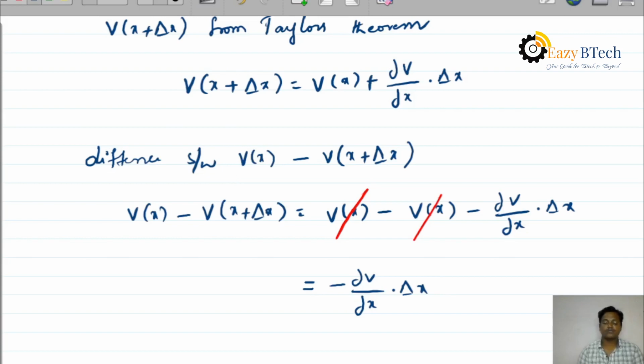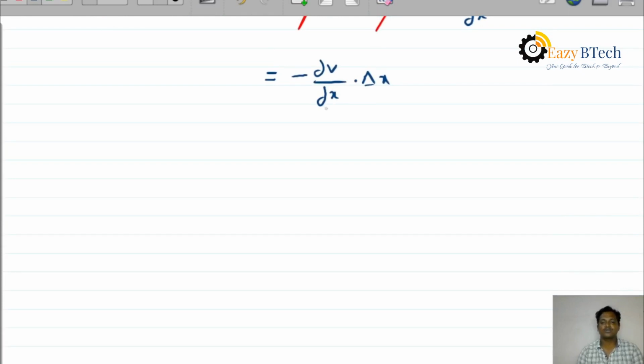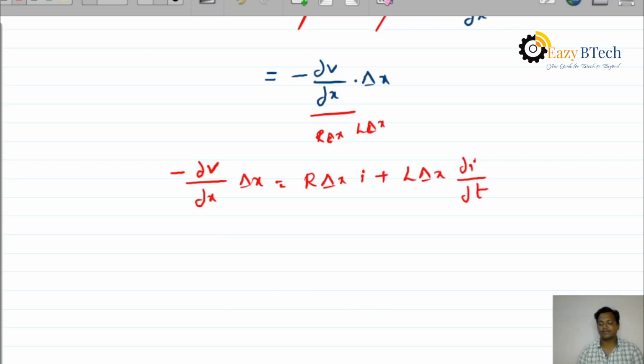Now this voltage drop in this small length is due to the resistance and inductance in that distance. Therefore, minus dou v by dou x into delta x equals the resistance drop R delta x into I plus L delta x into dou I by dou t.